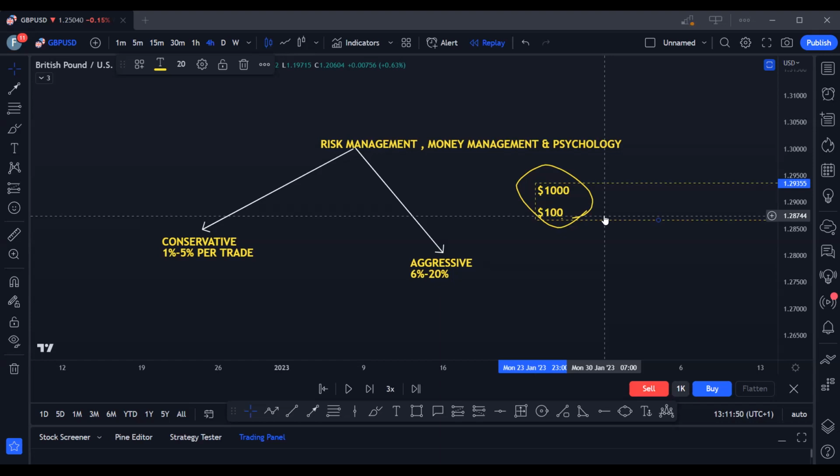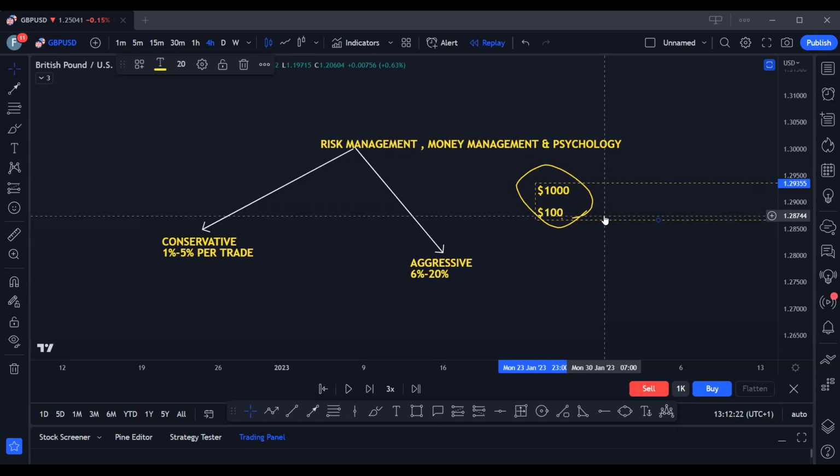Remember, when we were talking about the concept of lot sizes, I made an analogy and explained that lot sizes pretty much talk about your stake. How much are you putting into a particular trade? So this also has a lot to do with your lot size. Which lot size will you be using? Micro lots, mini lots, or standard lots? That will determine your risk, how much of the money you are investing in that particular trade.